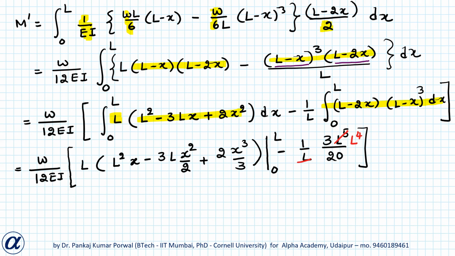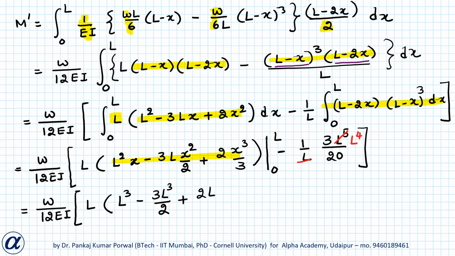And here when I substitute limits in this expression, at x equals L, I get w divided by 12 EI times L cubed minus 3L cubed by 2 plus 2L cubed by 3, and at x equals 0 this whole thing becomes 0, minus 3L to the power 4 by 20. This whole thing simplifies to give me L cubed by 6.